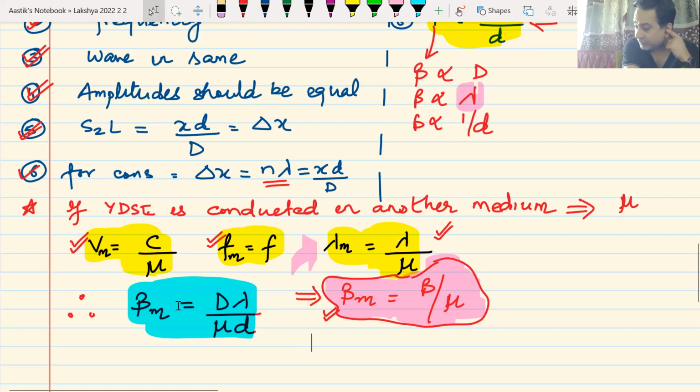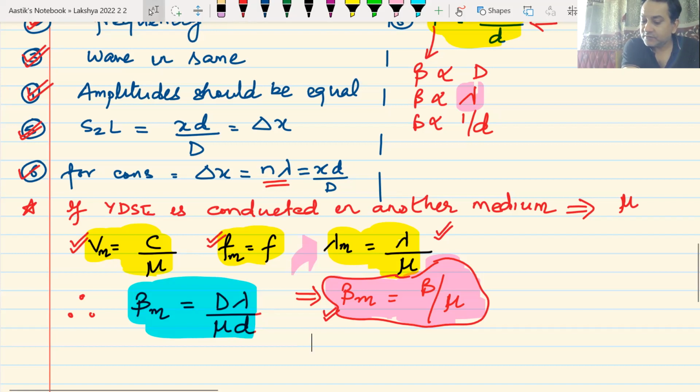Now, what remains to be done in this class is to see some more different variations of the same experiment, and that is what we will do. The first thing that we will do is this.